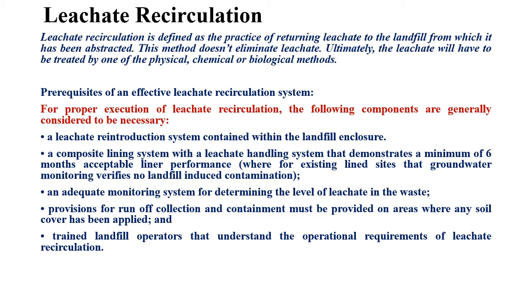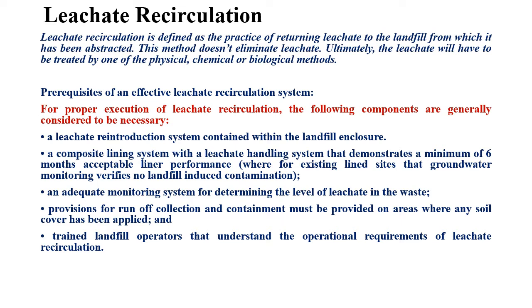So you need to provide some access through which you can reintroduce leachate back into the landfill. Then another important thing is a composite lining system with a leachate handling system that demonstrates a minimum of 6 months of acceptable liner performance.